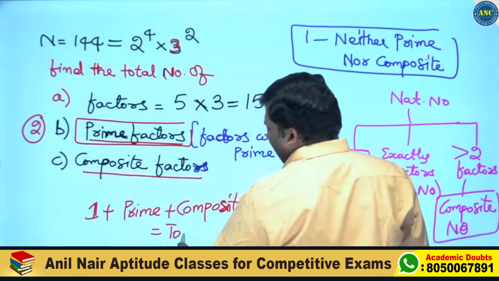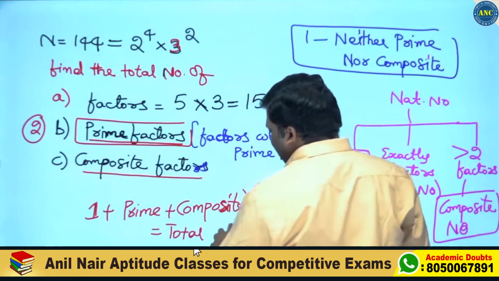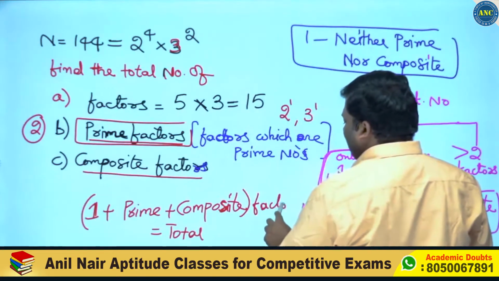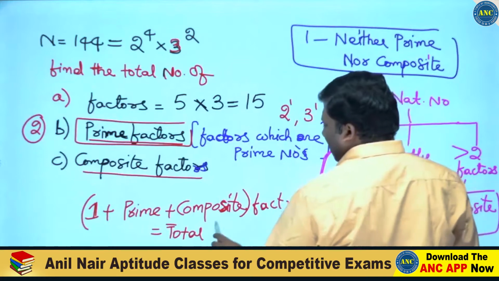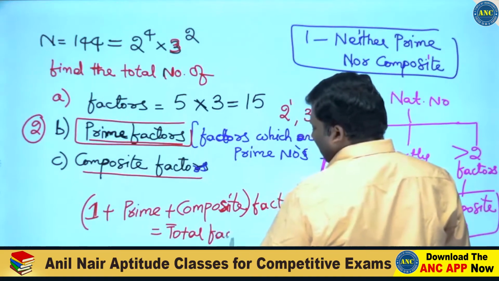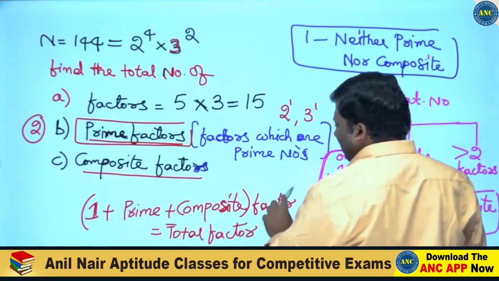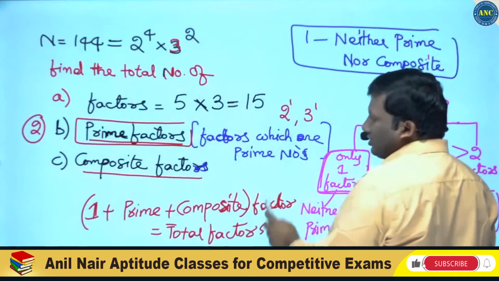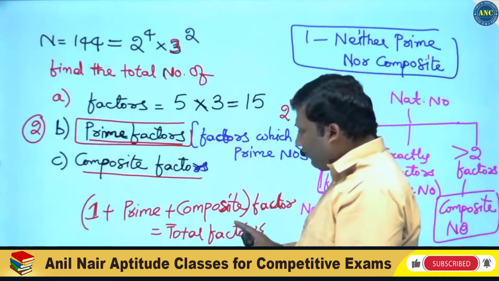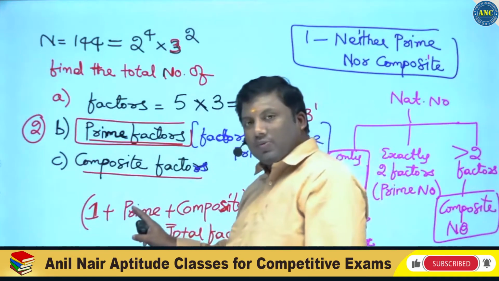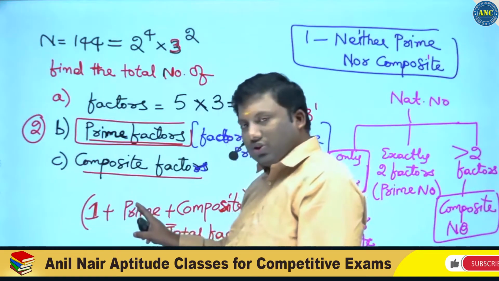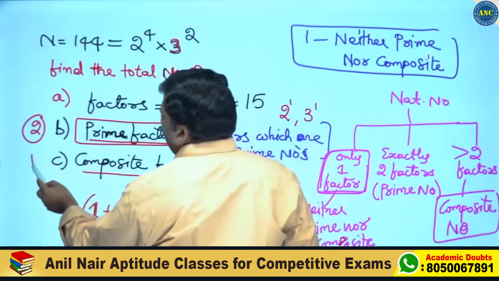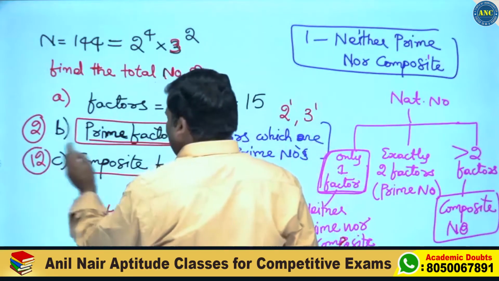So if you add factors on the left hand side and the right hand side, 1 plus prime factors plus composite factors is equivalent to total factors. Total factors, how many are there? 15. Prime factors, how many are there? 2. 1 plus 2 is 3. 15 minus 3 is 12. Remember, a very, very important key point.